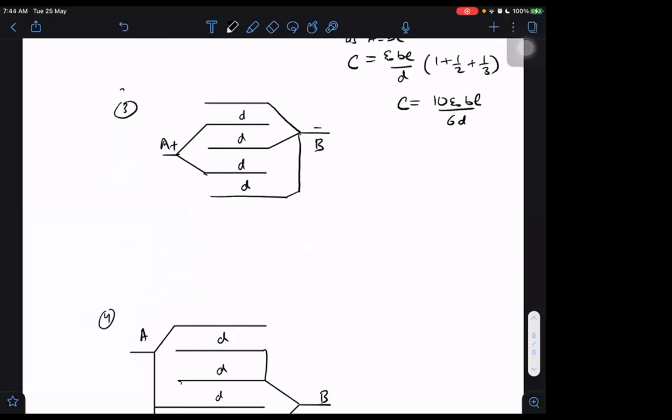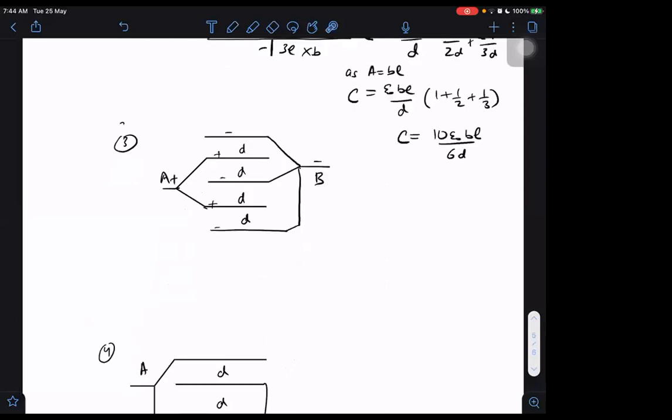So this will be negative, this will be positive, this will be positive, this will be negative. 11 by 6, so you understand? Yes, 11 by 6, not 10 by 6. Okay, 11 by 6, right?